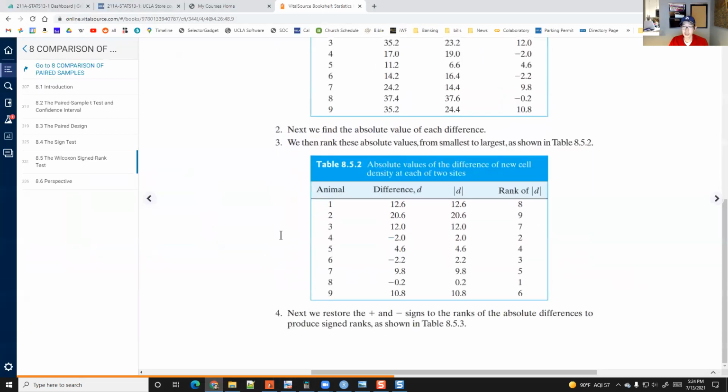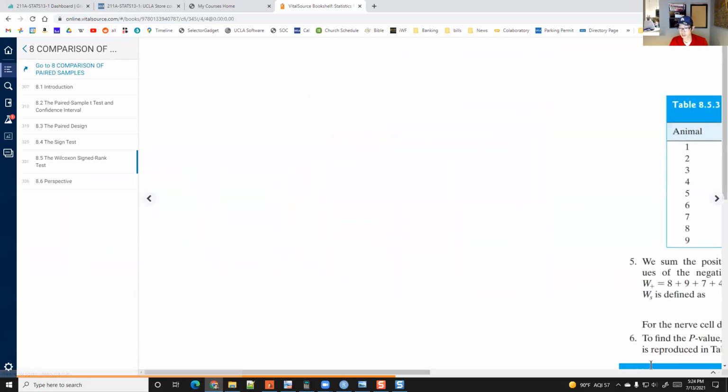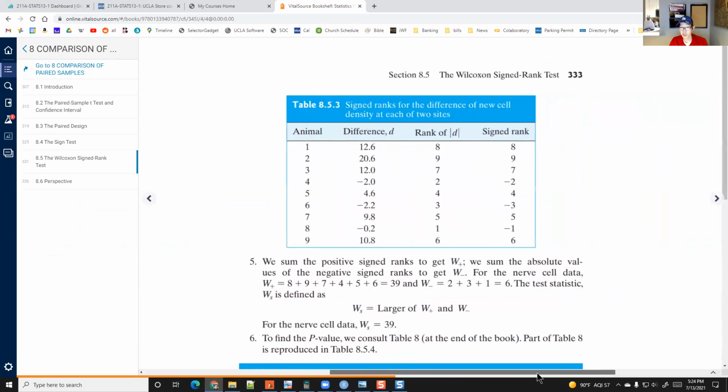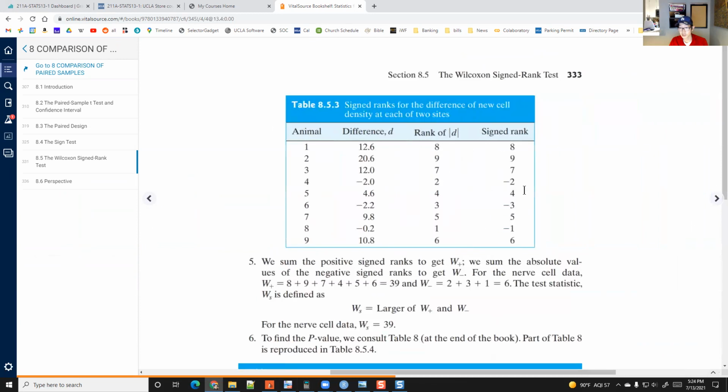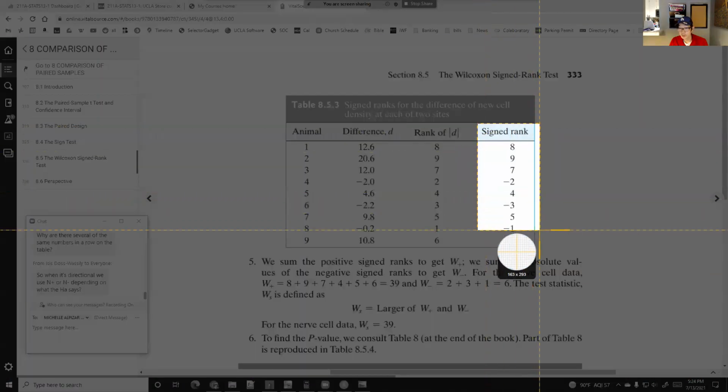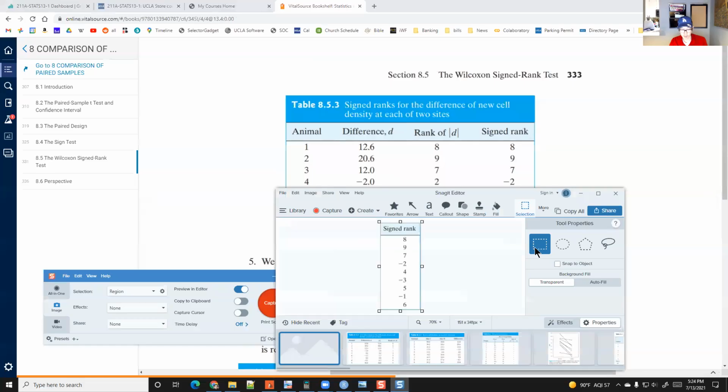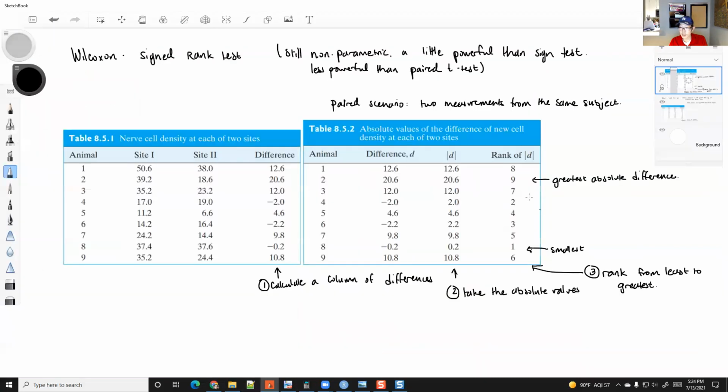And then we go back and say, which ones were positive differences and which ones were negative differences. So as we go on, we say what's the rank of the differences, and then we calculate the signed rank. So I'm going to just copy this part here. This is not going to fit, is it?